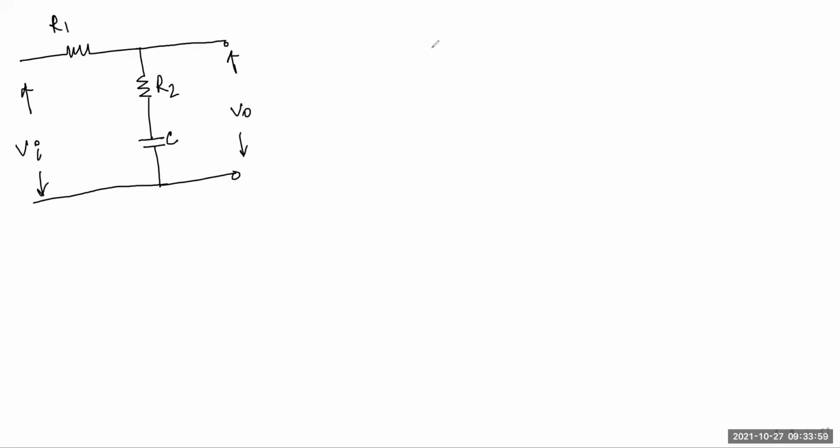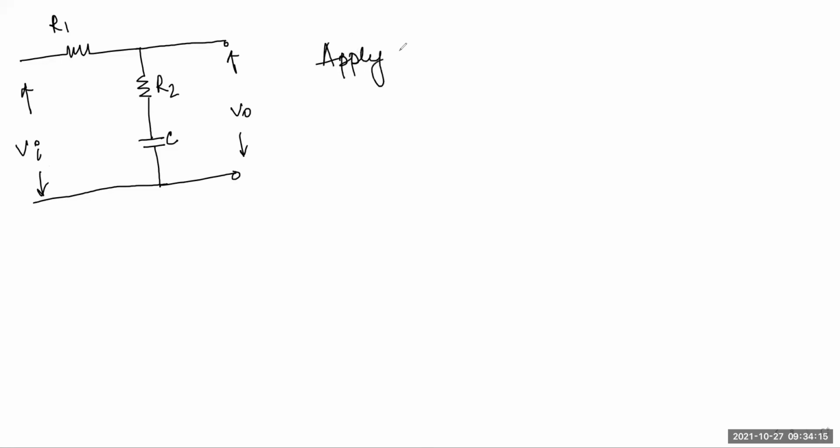Obviously, transfer function means you have to find the equation in the T domain. You have to apply KVL, and then you have to convert it into the S domain, right? So can you do it? First, you have to apply KVL here.